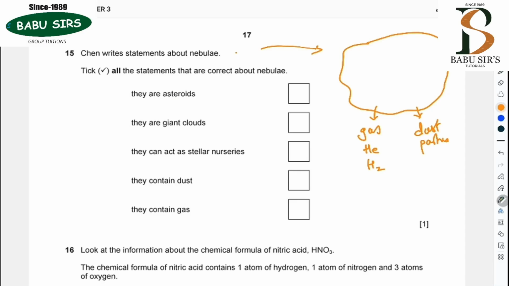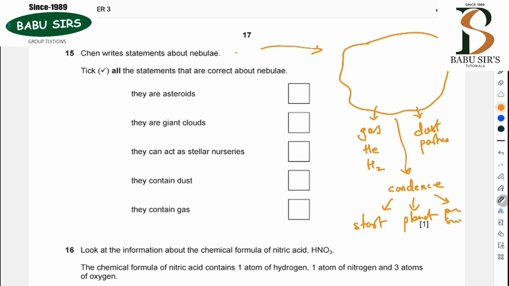Now what happens to this? This will condense and form either a star or a planet or a planetary system.